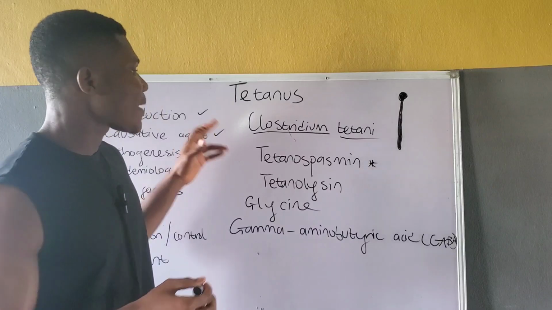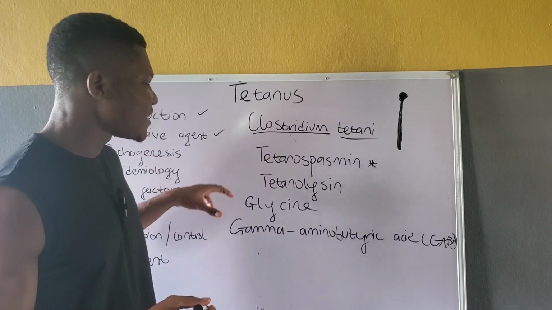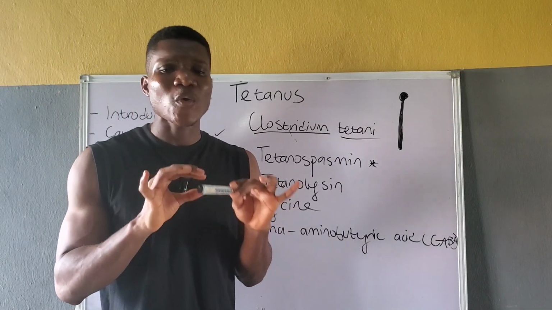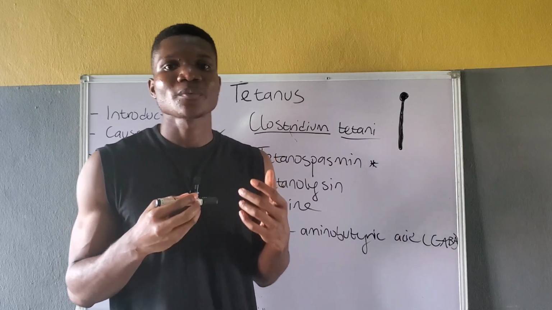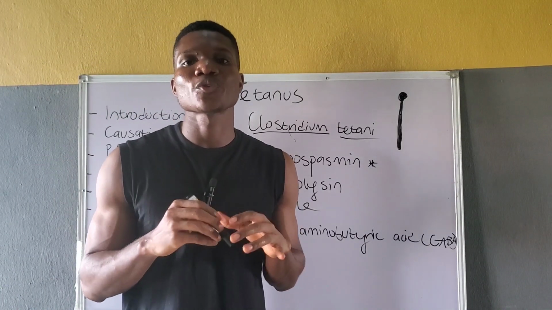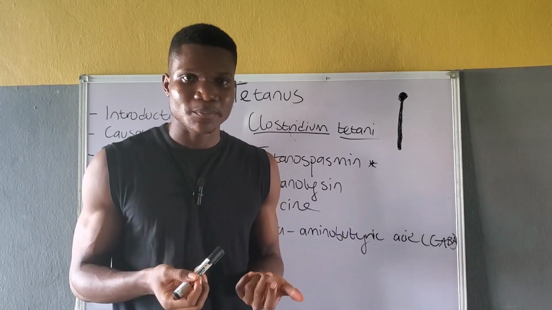So when tetanospasmin blocks their release, the muscles continuously contract without relaxing. This is the major clinical manifestation of tetanus, which includes continuous muscle contraction leading to muscle rigidity and spasms.